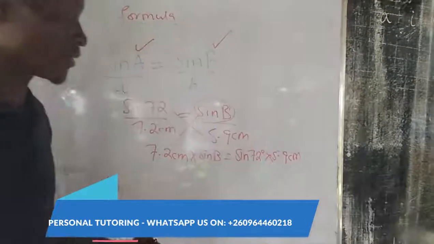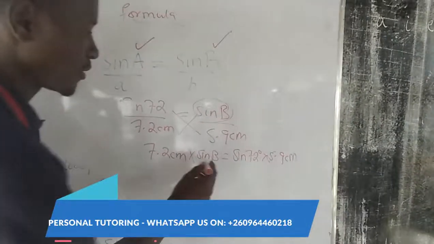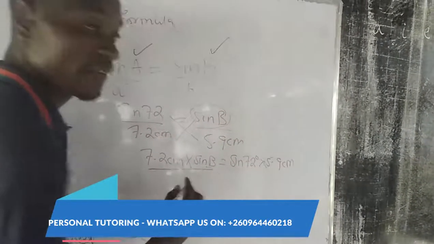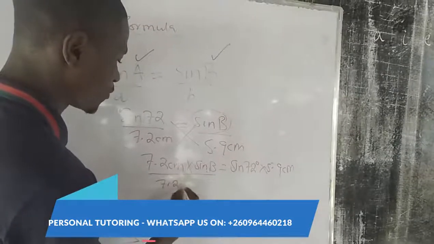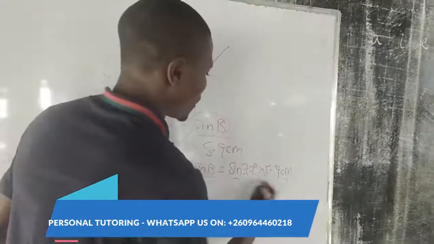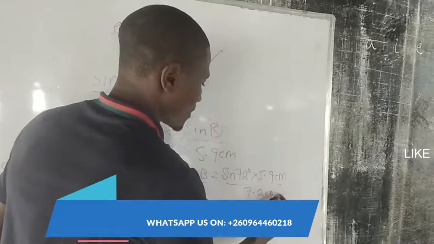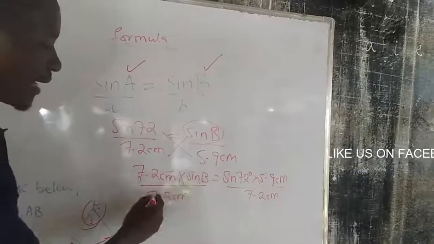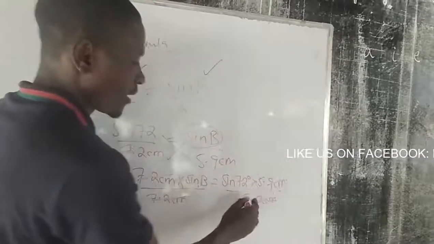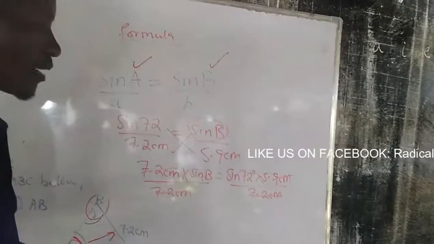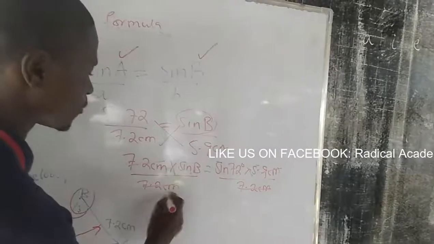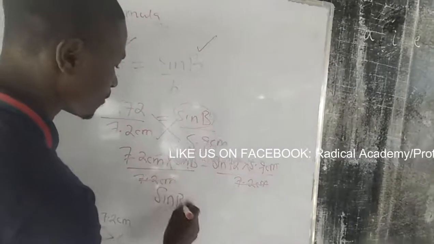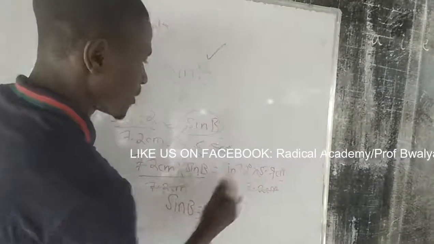Now, what you're looking for is sine b, so you divide everything by 7.2 centimeter over 7.2 centimeter. So this goes and that goes, this goes and that goes. After you do that, you remain with sine b equal to this times that.